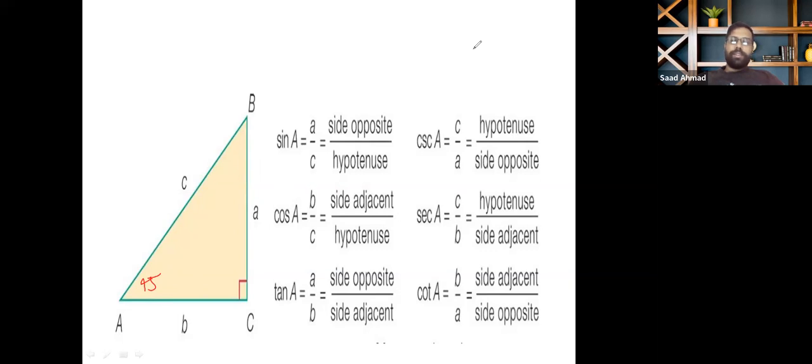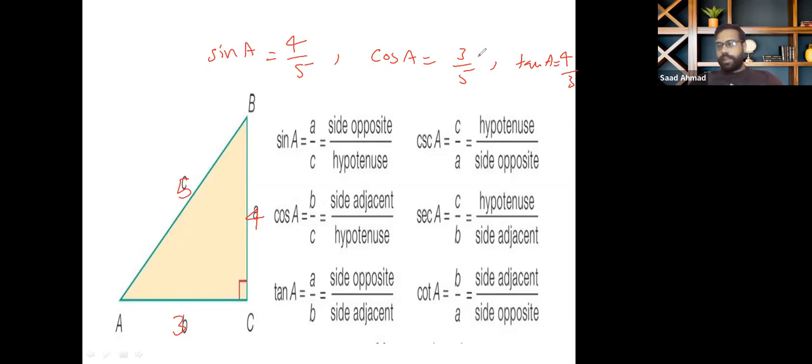Let's say this one is 4, this one is 5, and this one is 3. Sine of angle A for this triangle is 4/5. Cos of angle A is 3/5. Tan of angle A is 4/3. Similarly like that.